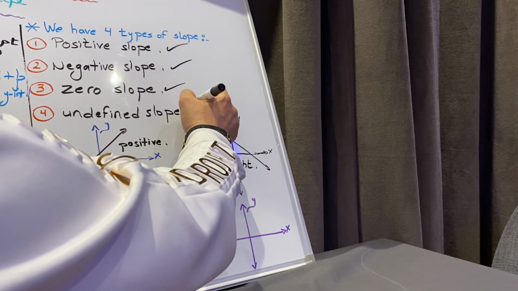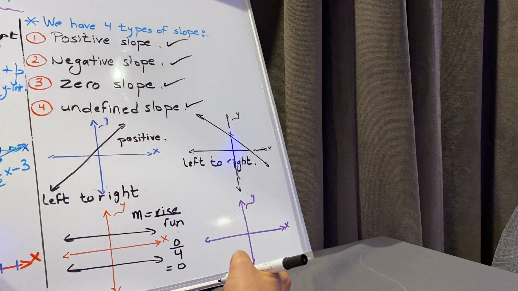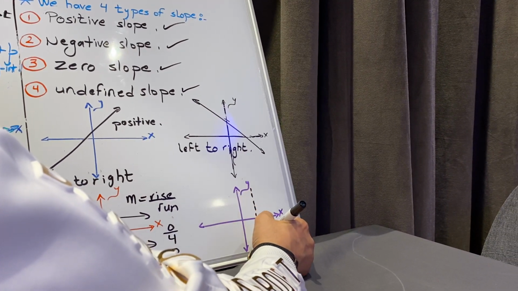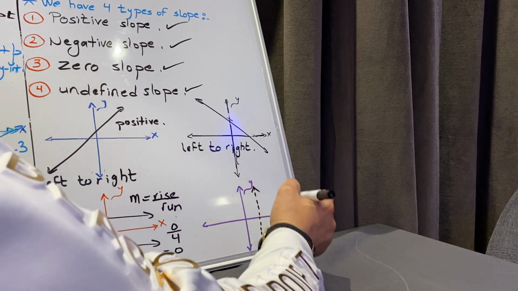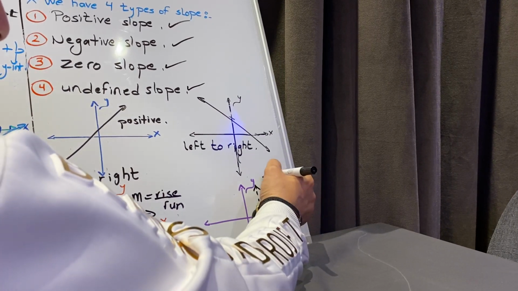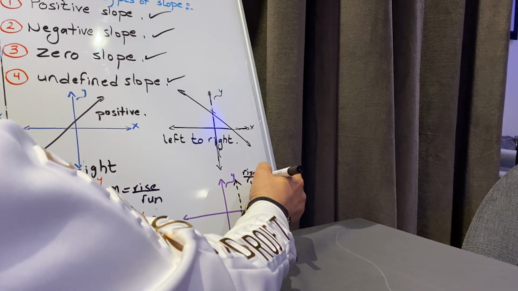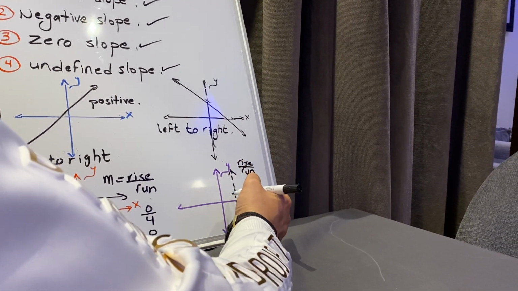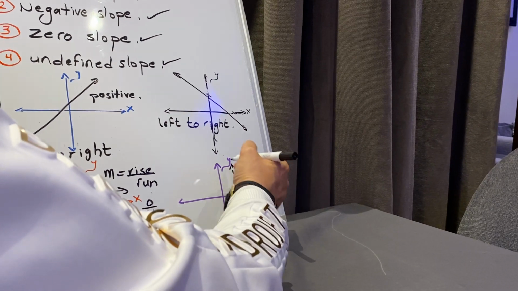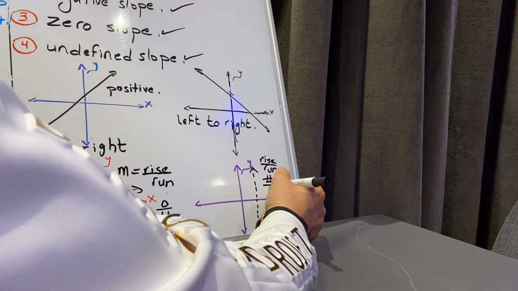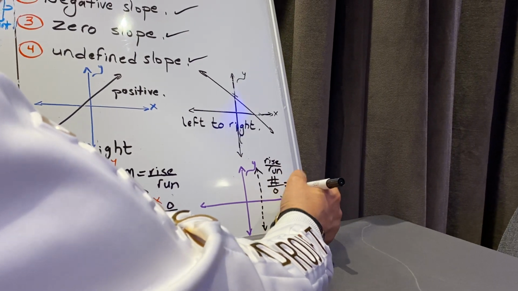What about the fourth kind, which is undefined slope? Undefined slope is crossing the x-axis only. Here, guys, also rise over run, but in this case, there is no run here. There is no run, guys, so the run is 0. So number over 0, you know that number over 0 will turn into undefined.